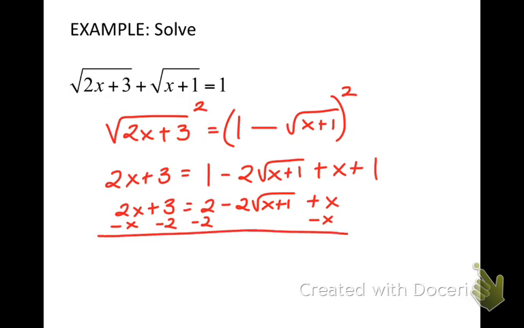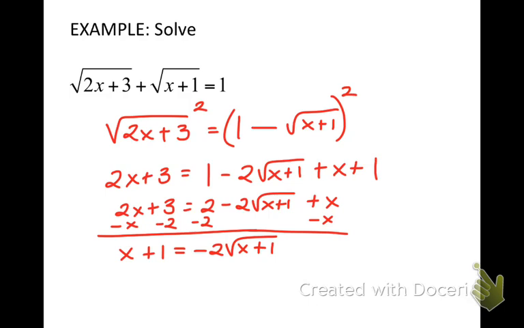So now we have x plus 1 equals negative 2 square roots of x plus 1. I could technically divide out that negative 2, but then when I go and square everything, that's going to get really funky over here if I had to deal with fractions. So let's just leave it there. It's not that hard to square a negative 2.